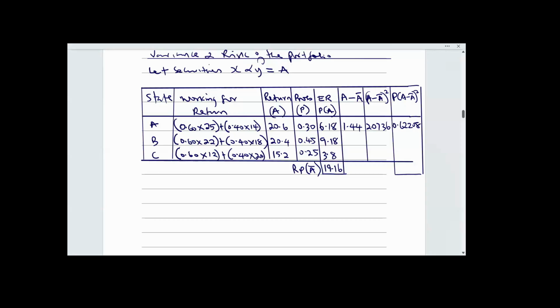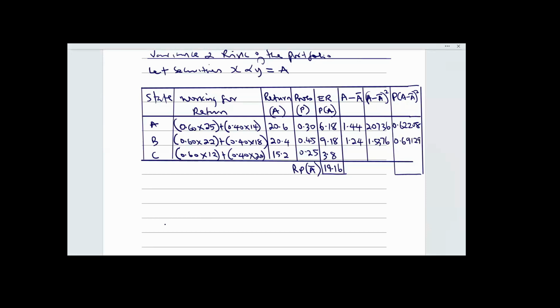So the next one is 20.4 minus 19.16, that's 1.24. 1.24 squared is 1.5376. Then multiply by probability of 0.45. That is 0.69129.